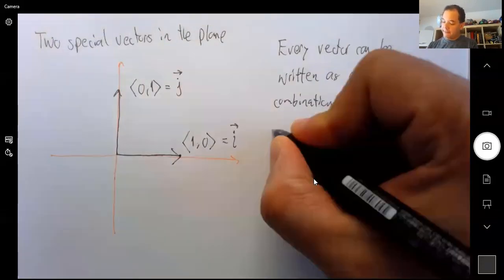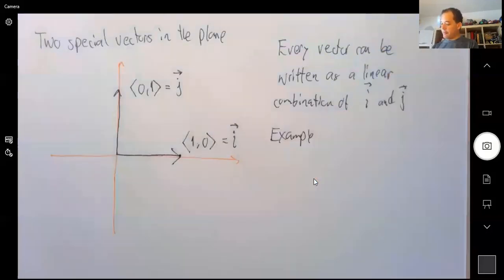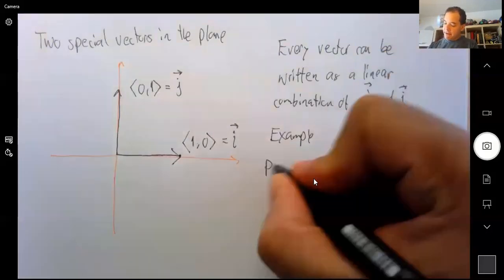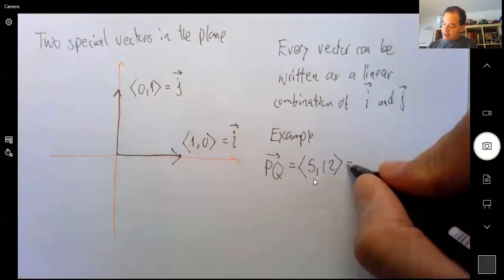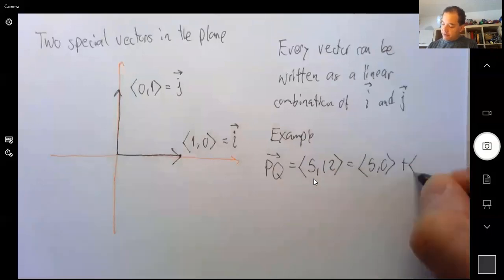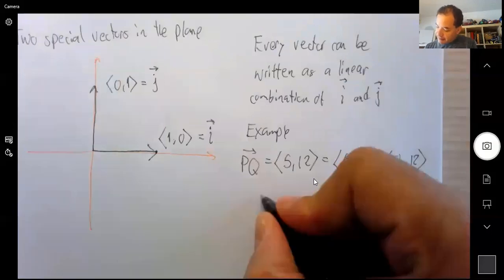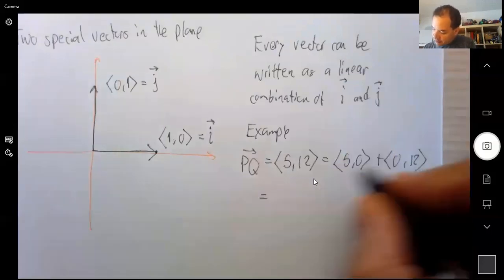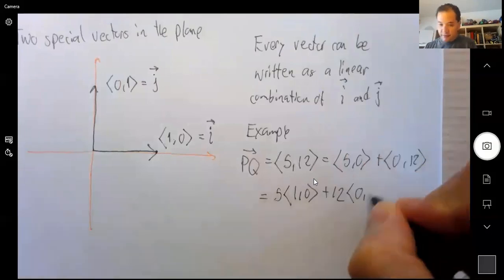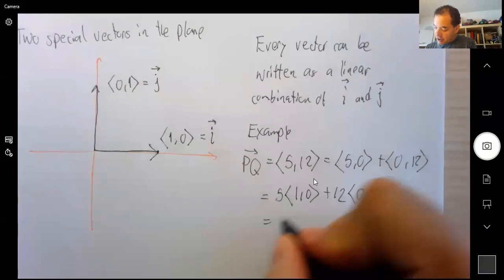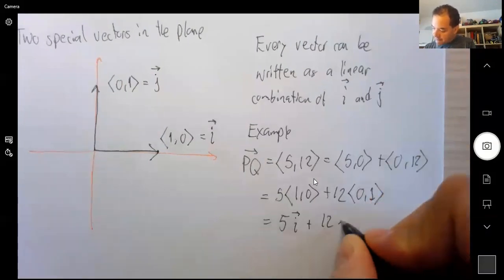So for example, if we do the one we were doing before, this vector PQ is (5, 12). But (5, 12) is the same as (5, 0) plus (0, 12), and that's the same as 5 times (1, 0) plus 12 times (0, 1). And these are i and j. So we can write it as 5i plus 12j.